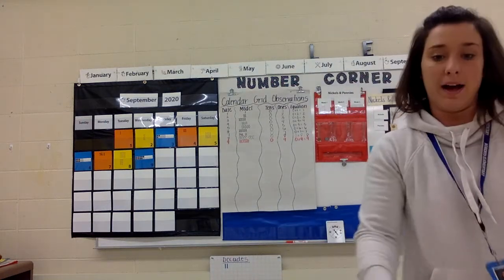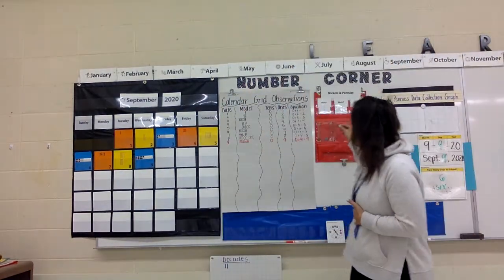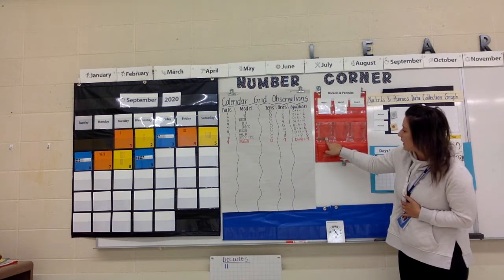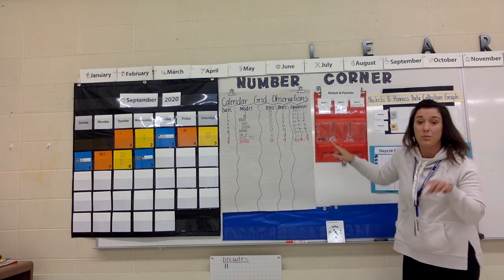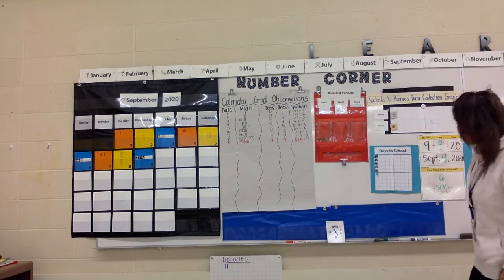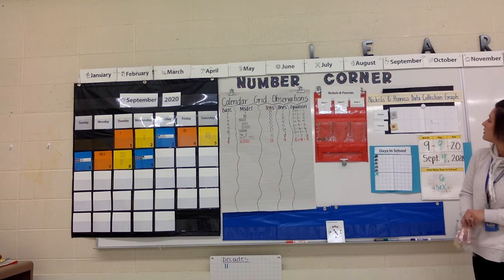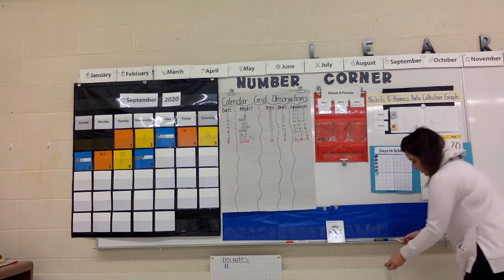So I am going to find a penny, which I have right up here, and I am going to add it to our chart. Because yesterday, remember, we had a nickel and a penny, and we're adding 1 more penny. And then I am going to add another penny to our collection graph.